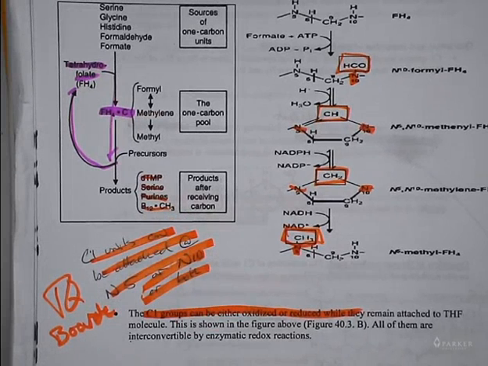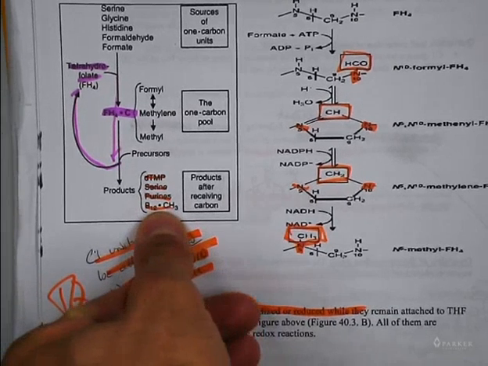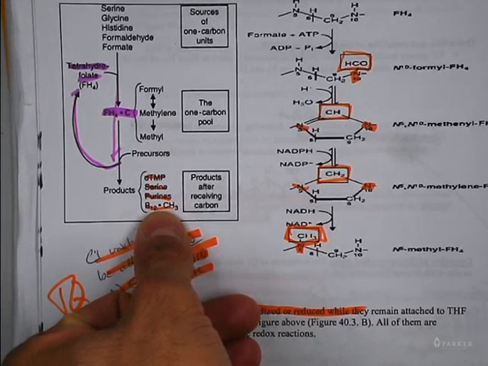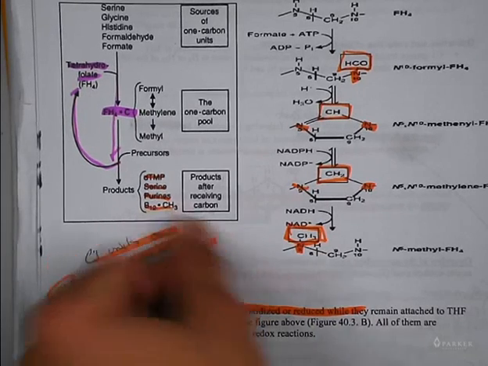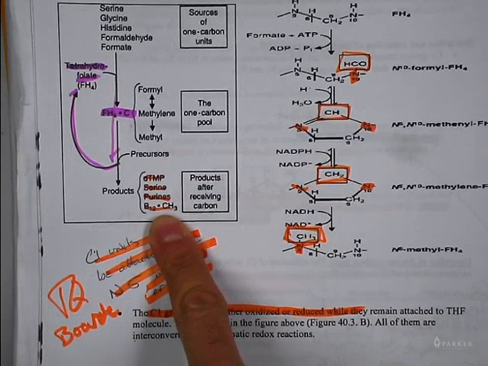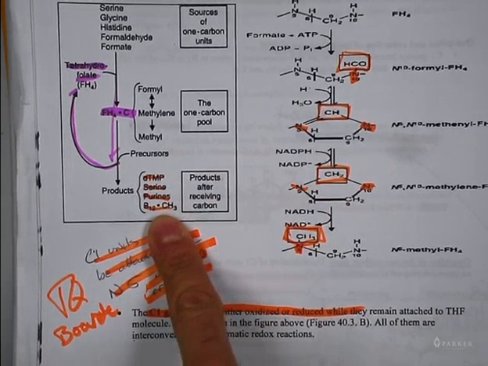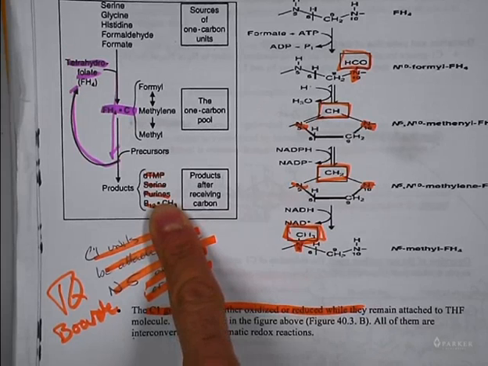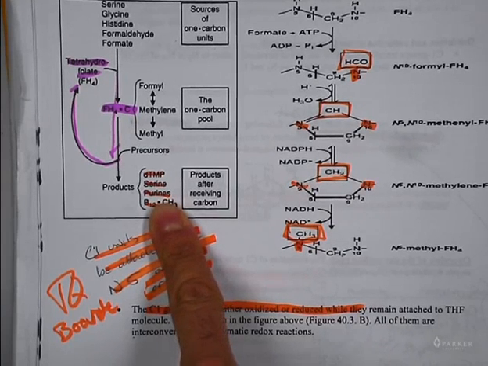Now, at the beginning of this chapter, I told you that B12 was a one carbon carrier, right? Where does B12 get its one carbon unit from? Who gives the one carbon unit to B12? THF. THF donates a precursor to make B12 methyl, right here. So what's the one carbon pool for THF? Serine, glycine, histidine, formaldehyde, formate.